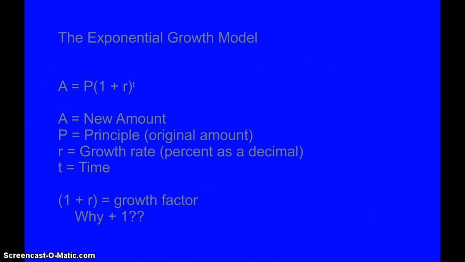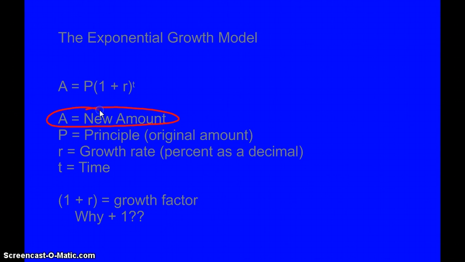And the answer to that is, when I'm looking at a percent change, for example, if I have a bank account paying me 5% interest, well, I could multiply by 0.05, and that would figure out how much the bank is going to pay me in interest that year. However, we don't want to know how much interest we're earning. We're looking for A, which is the new amount.